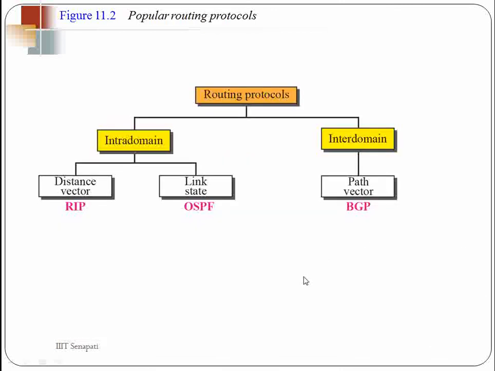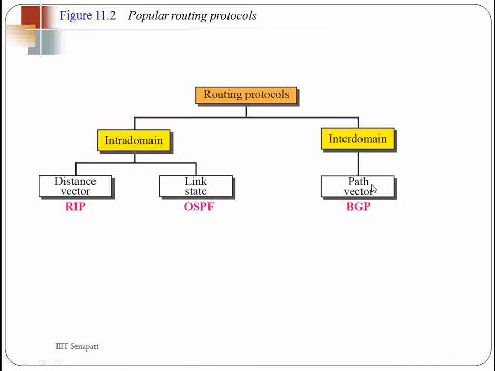So routing protocols can be divided into two types. They can be intradomain and interdomain, right? Some intradomain routing protocols are RIP and OSPF. RIP is based on the distance vector routing algorithm, and OSPF is based on the link state routing protocol. Another protocol is BGP, which is an interdomain protocol.